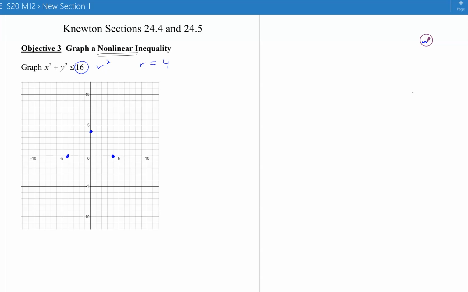When x is 0, y is plus or minus 4. And then I recognize the equation of a circle, and I have or equals to, so I have a solid line, the solid circle. Well, now I have to figure out what this means if x squared plus y squared is less than or equal to 16.